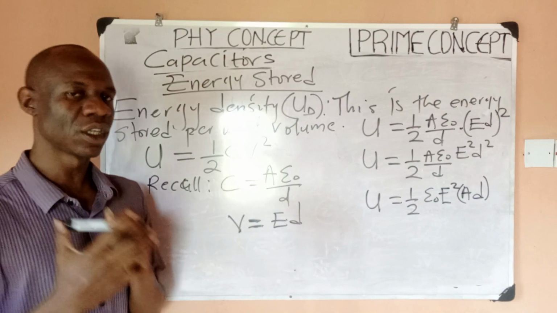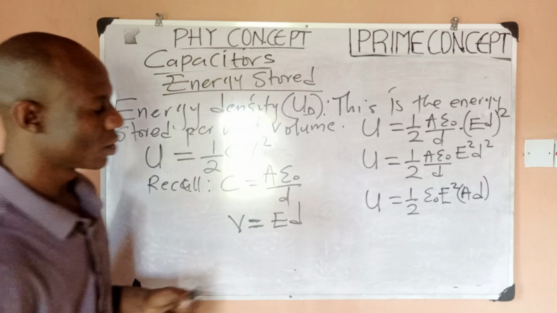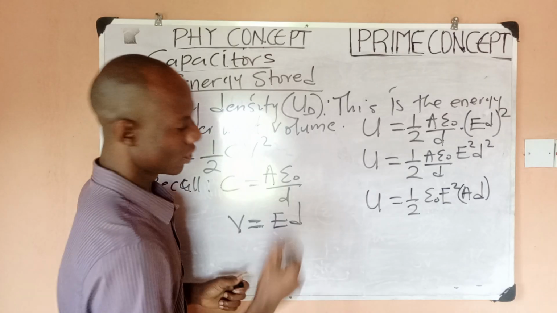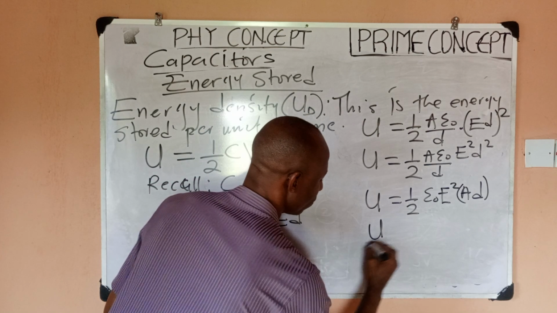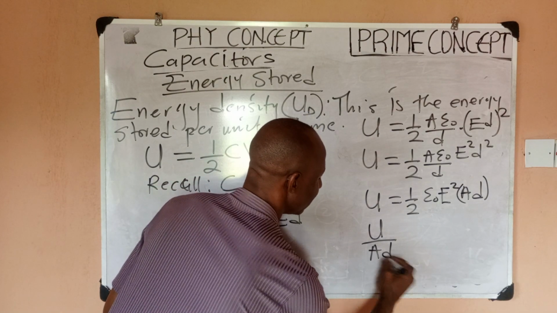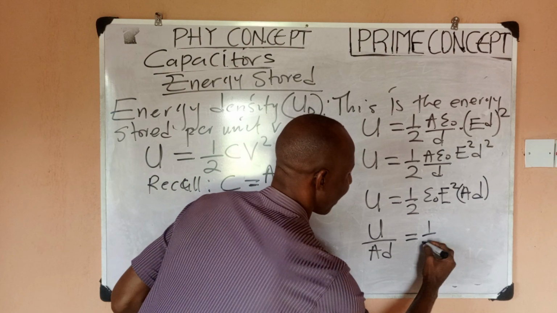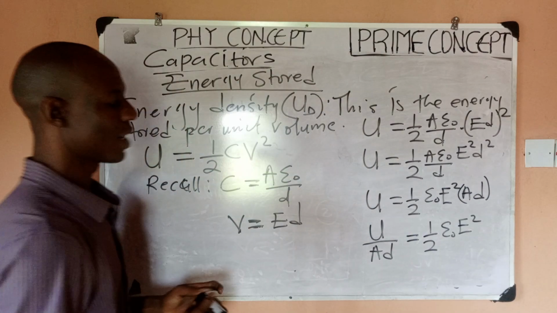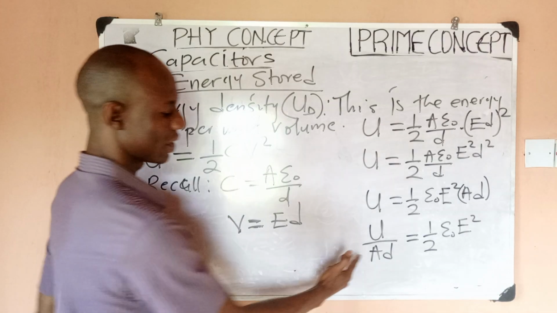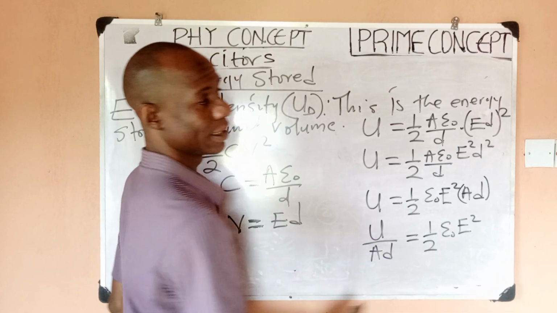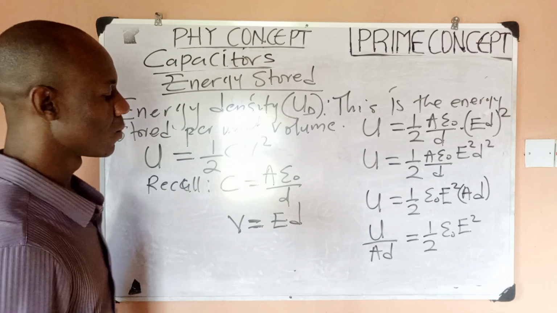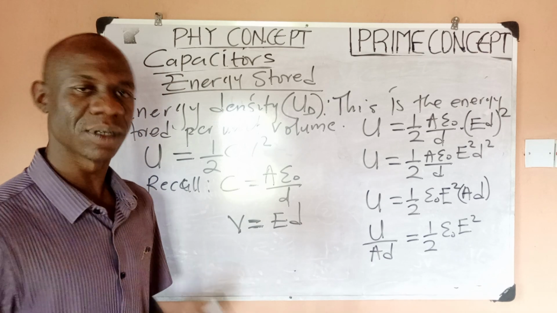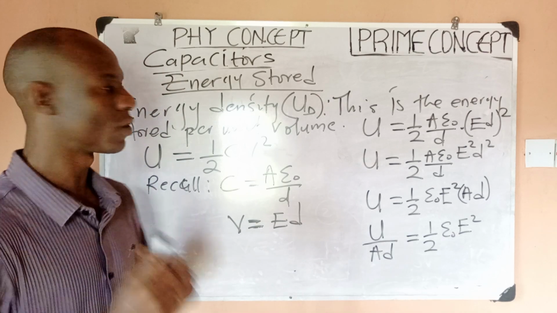Now, see what I'm going to do. I'm going to bring this Ad under this, so that U divided by Ad is going to be half epsilon naught E squared, right? Now, what does Ad represent? A is area and d is distance, or the height. So area times distance, what does it stand for? It stands for volume, right?